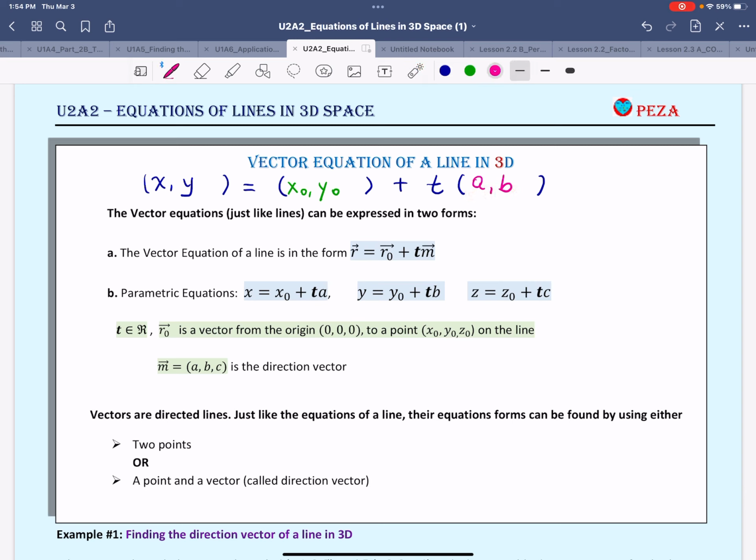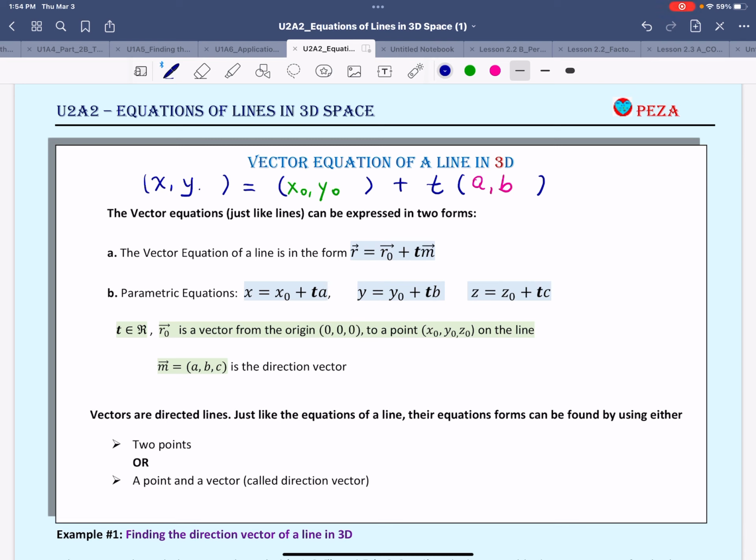Now we are shifting the same concept. We're trying to write the vector equation of a line that is in 3D. And the equation will be very similar to 2D, but because we have a third dimension, we're going to add the z coordinate. So (x, y, z) would be any point on the line. And the starting point, obviously, will have a third coordinate, so we're going to add the z0 here.